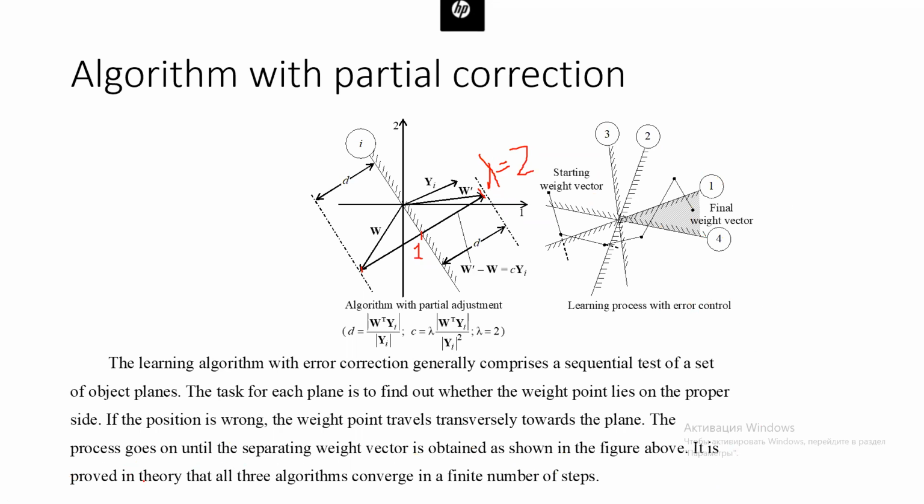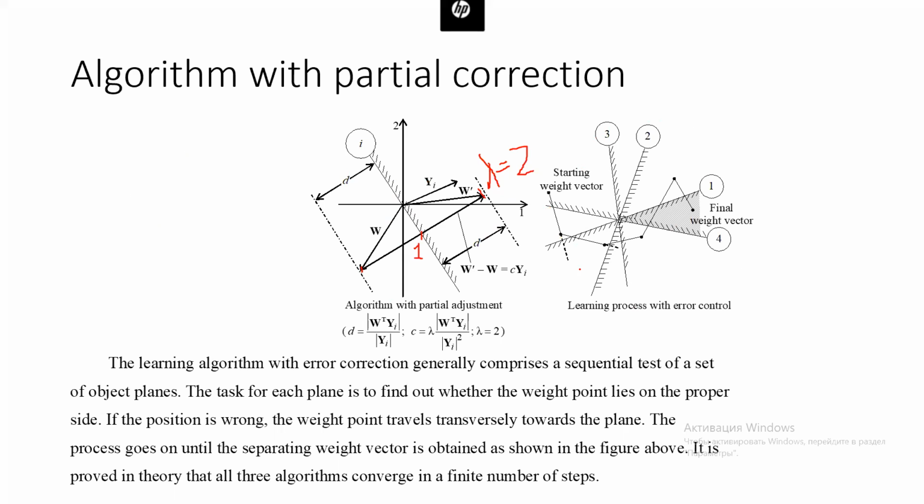The theory provides that all three algorithms converge in a finite number of steps. It was defined in a mathematical way that we will have a finite number of steps if our two groups have linear separability. We may find this position.